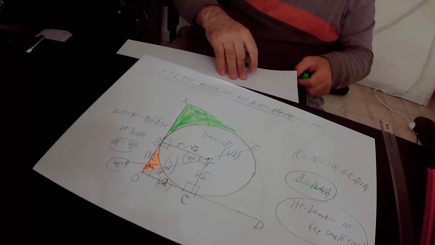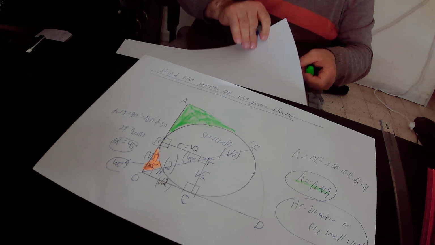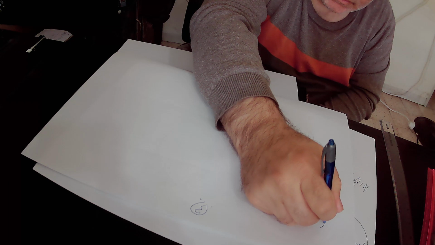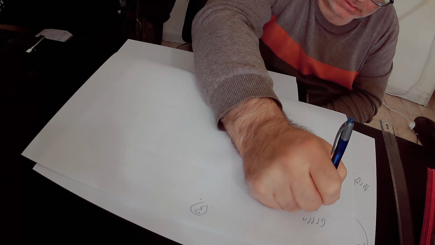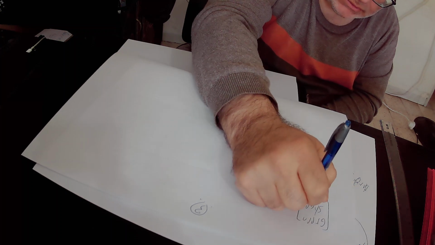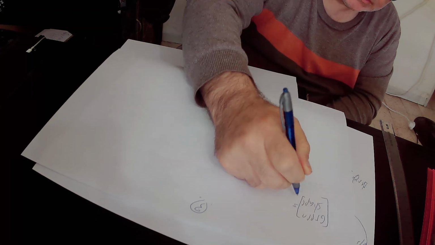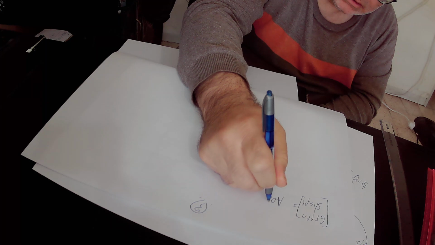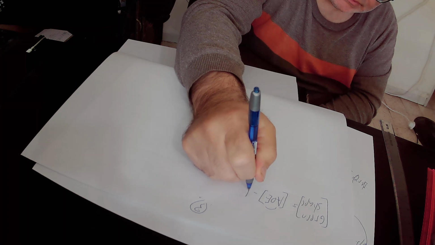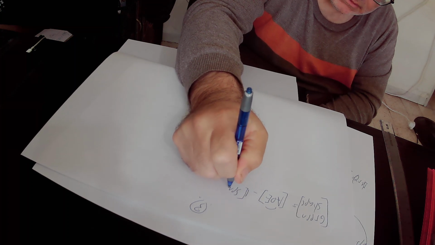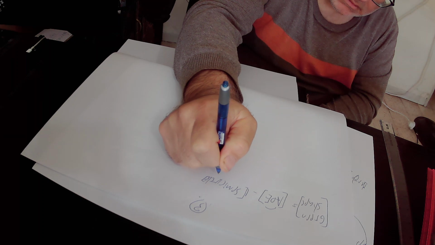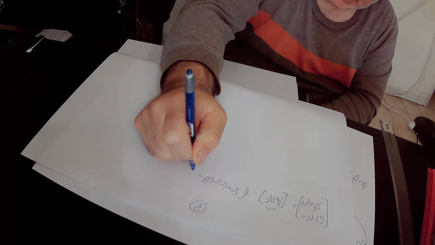So the area of the green shape is equal to the area of the big sector AOE minus the area of the small semicircle minus the area of the orange shape BHO.